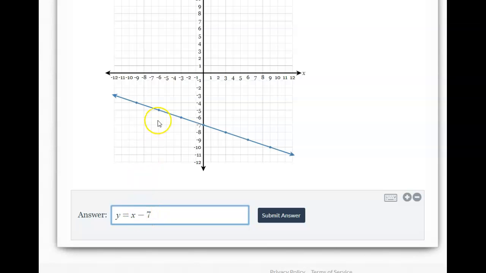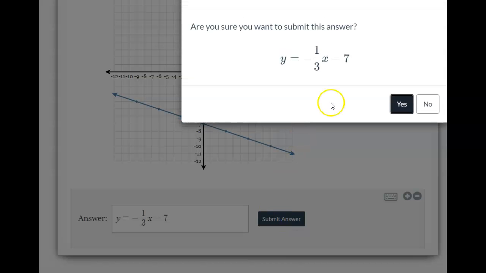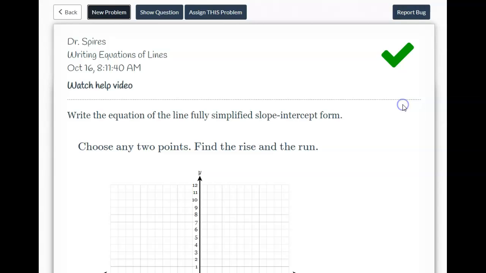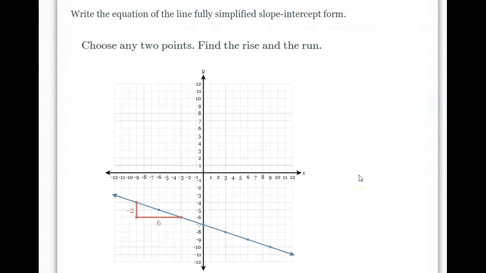Now the slope from this point to the next point is down 1 over 3. So my slope is down 1 over 3, and that's my final answer. Let me submit. Am I sure? Yes. Green check. Beautiful. That means correct.